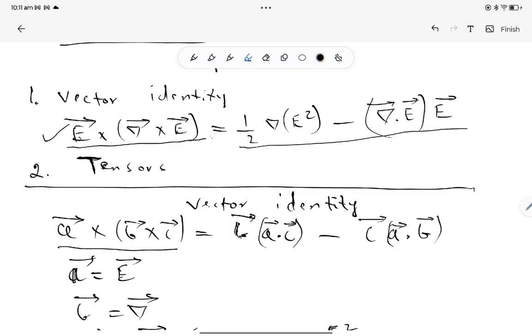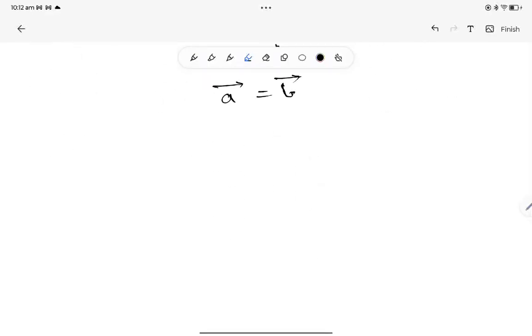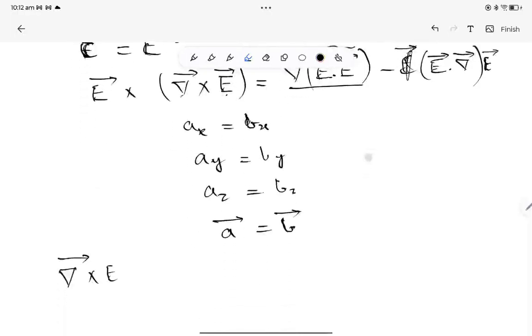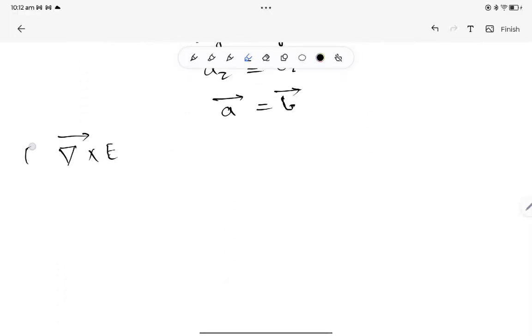So simple. Let us take the x component first. Let us take E cross del cross E, its x component.